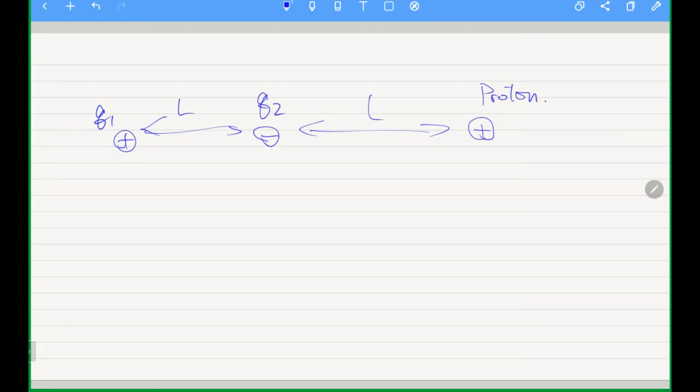Okay, so whether it is stable means, if we try to put it perfectly at x equals 2L, then there will be no force acting on this proton, so no problem. But if we try to move it slightly to the right or slightly to the left, then whether it will go back.